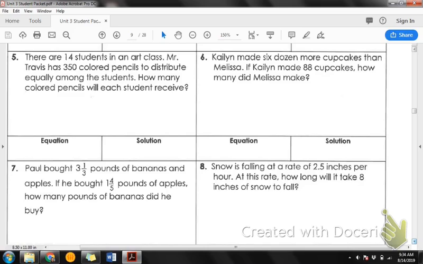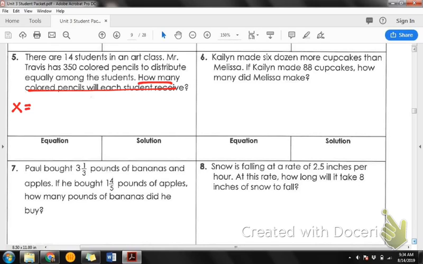All right, who wants to read number 5? There are 14 students in an art class. Mr. Travis has 350 colored pencils to distribute equally among the students. How many colored pencils will each student receive? So that is our variable, right?